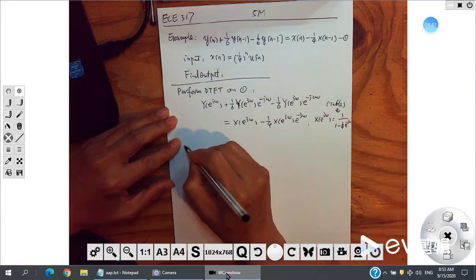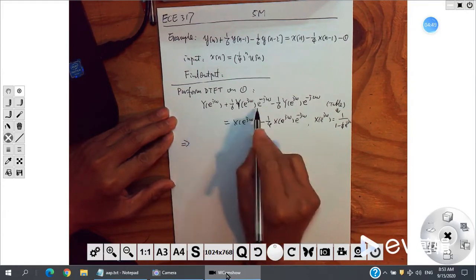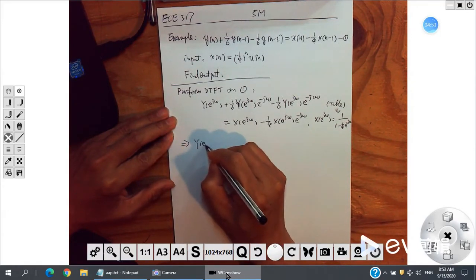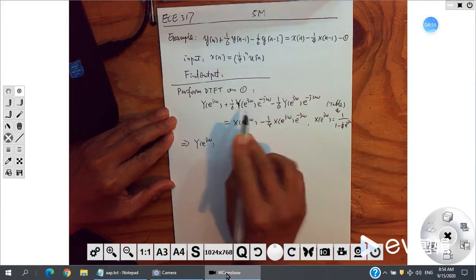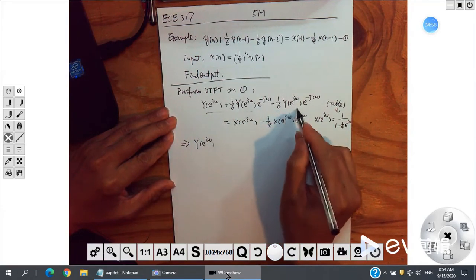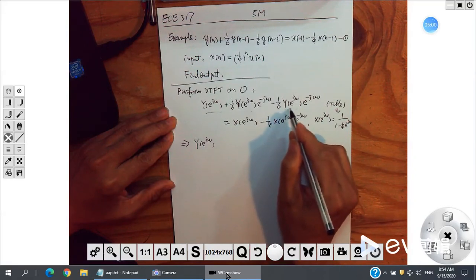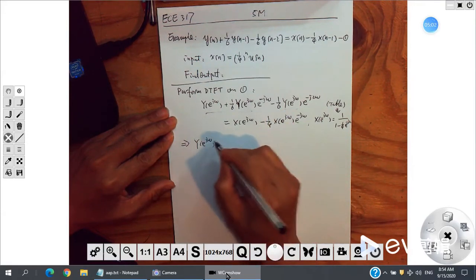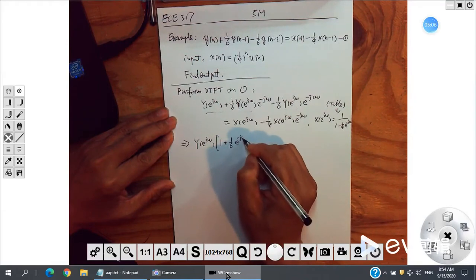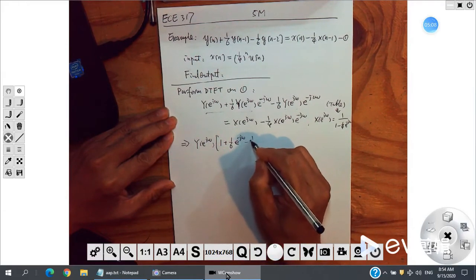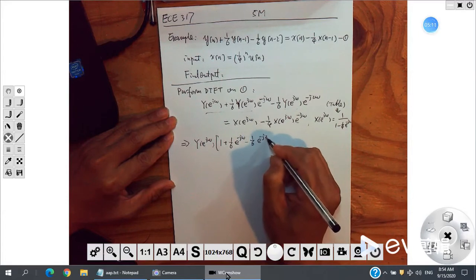Okay, so I move Y of e to the j omega outside. Three terms, each one has Y as a factor, so I moved it to the front. Then 1 plus 1/6 e to the negative j omega minus 1/6 e to the negative j 2 omega.